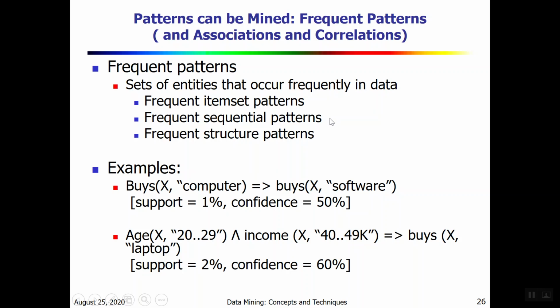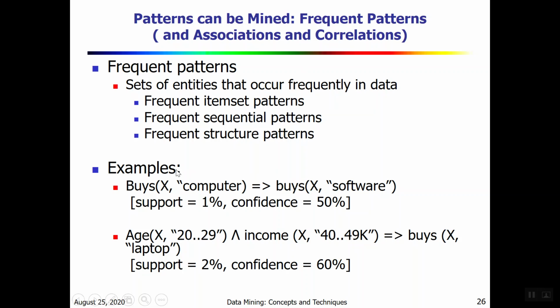For example, after you purchase a computer, you might purchase a set of software. This is sequence pattern mining. And the third major group is frequent structure patterns. This is used fairly widely in social network analysis, where you can find similar smaller sub-networks within a large network that share similar structures. But in this class, our focus will be on frequent itemset patterns.